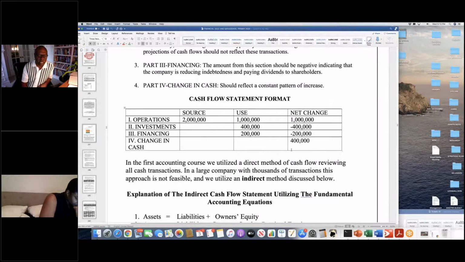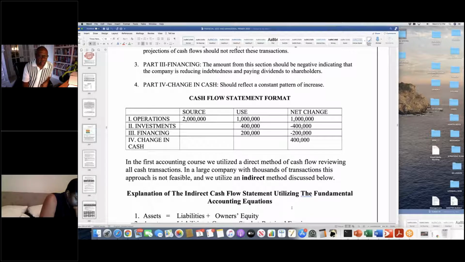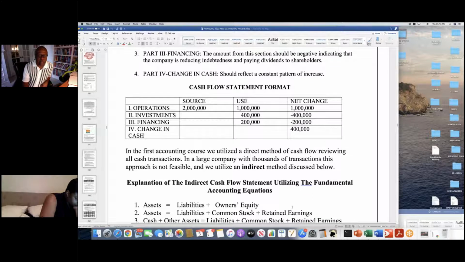Now, you should be familiar, of course, with the accounting equation, assets equal liabilities plus owner's equity, okay? So in Principles 1, we would just look at the cash transactions. But if we got 20,000 cash transactions, we can't get that cash flow statement that way. So let's go on as we derive this equation.